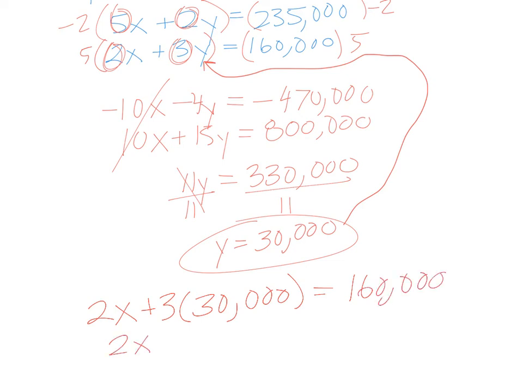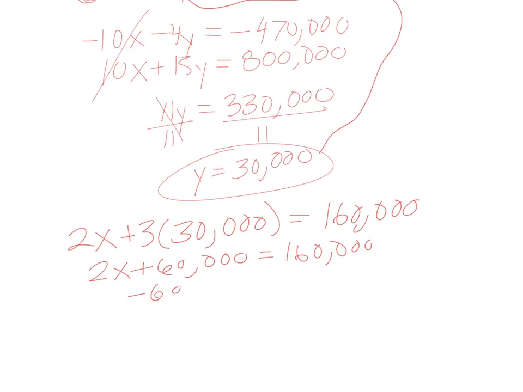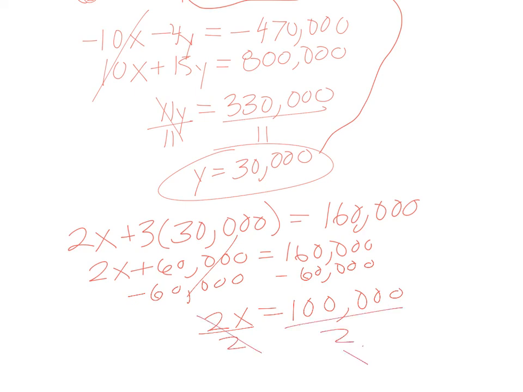So I get 2x plus 60,000 is equal to 160,000. Then I subtract 60,000. I get 2x is equal to 100,000. I divide by 2, and x is equal to 50,000.